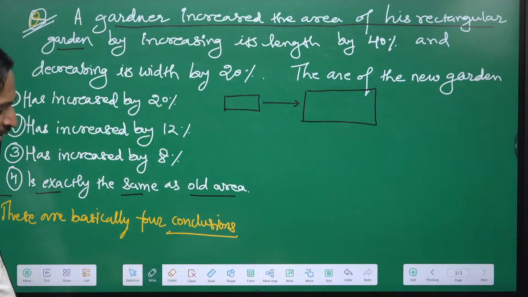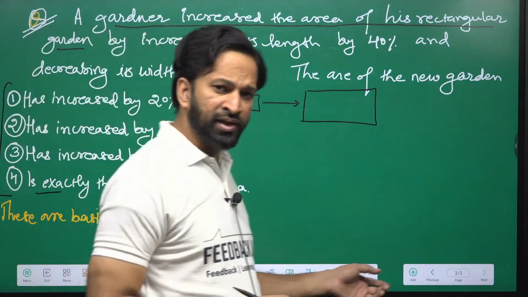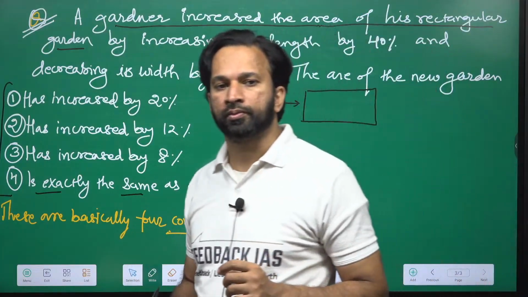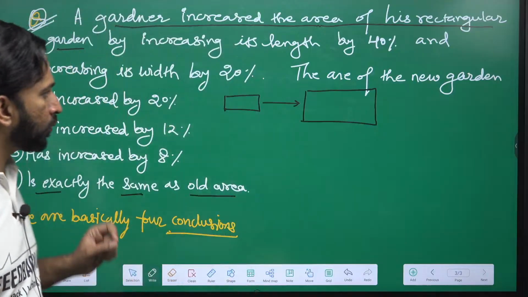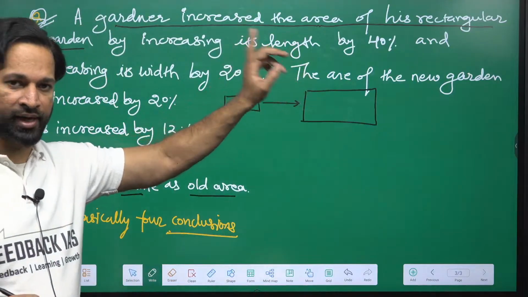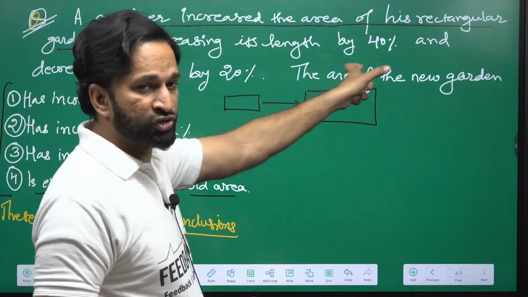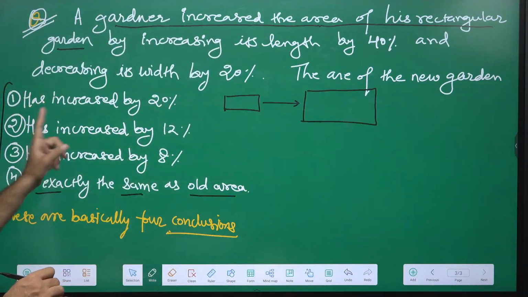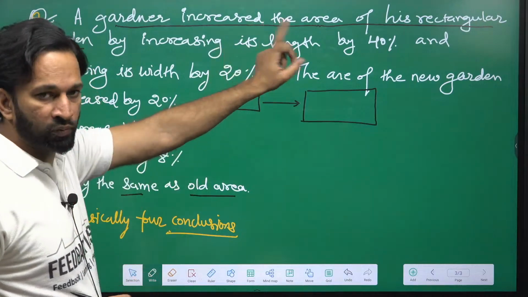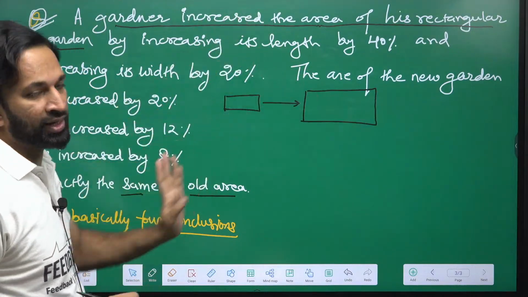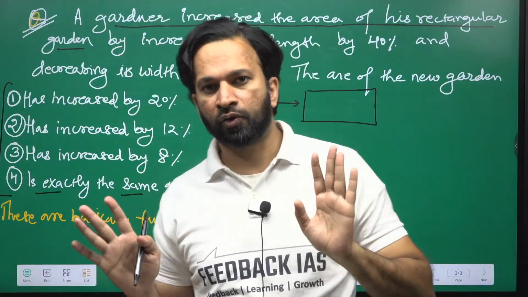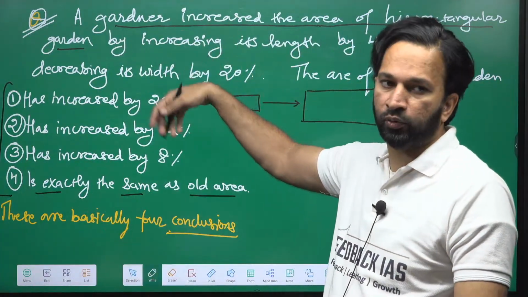We have to identify which is the valid conclusion, which is the logical conclusion, and that can be done when we identify the facts and interpret the information given in the question. We have to come to the correct conclusion by solving the questions, not just by reading the question. So please avoid this habit of just cancelling out the option just by looking at that.